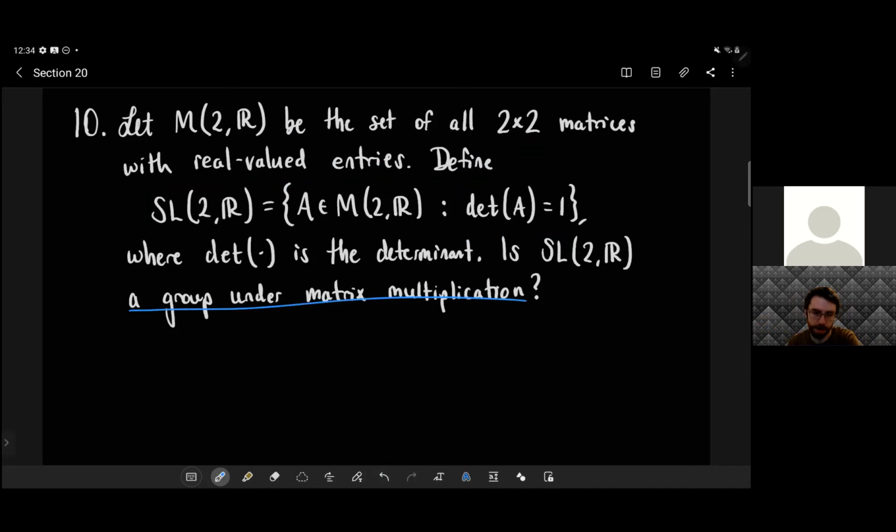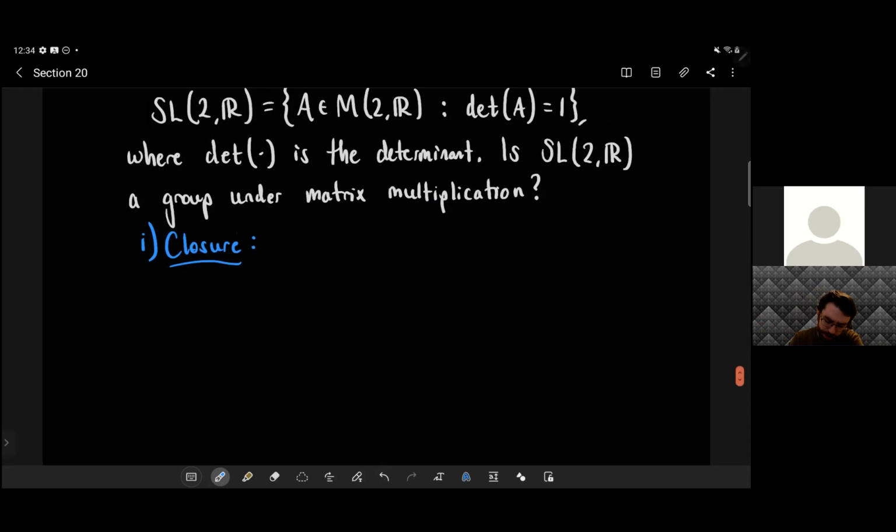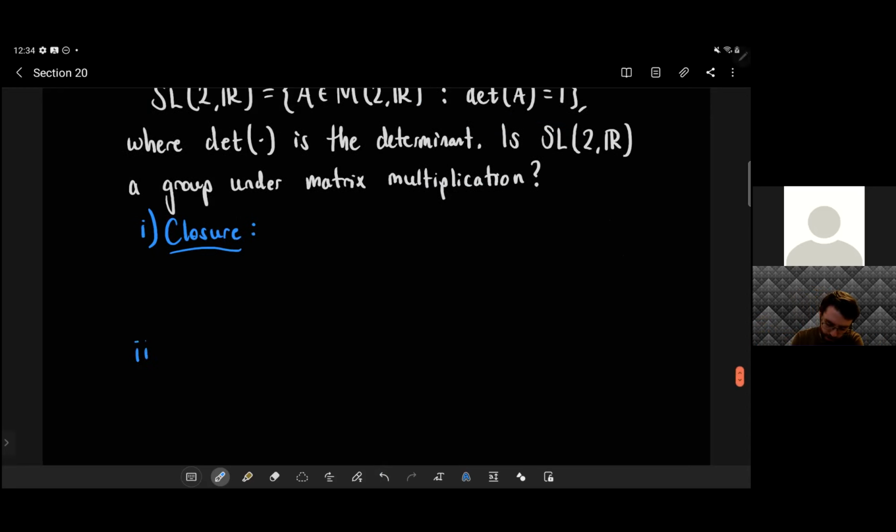Question: is it a group under matrix multiplication? So again, let's go step by step. First, we want to talk closure, and that's going to be the most important. Actually, I'll leave that for the end. Second, associativity. That follows from the fact that matrix multiplication is associative.